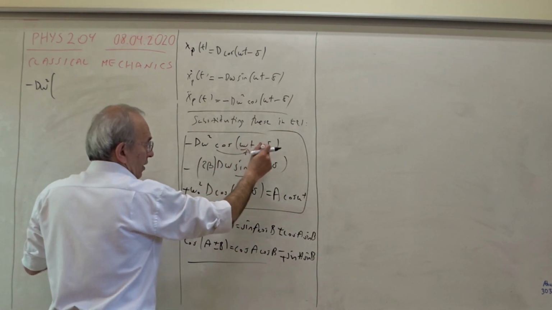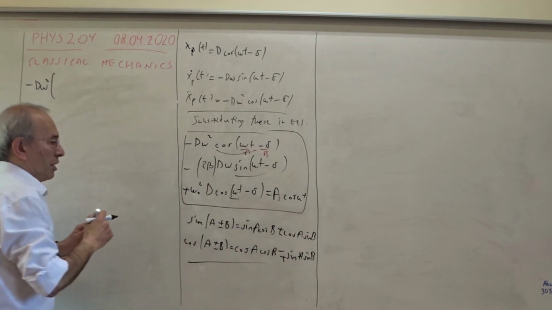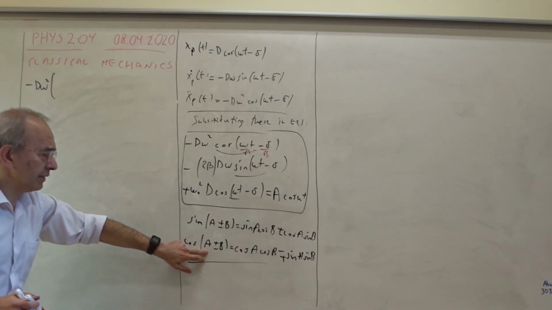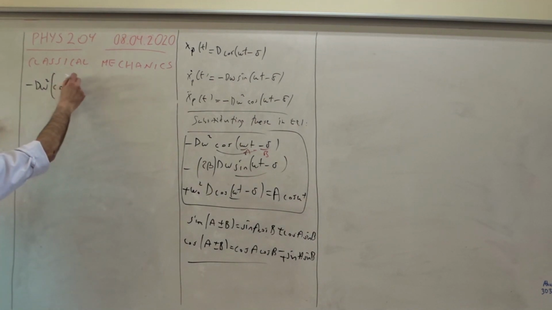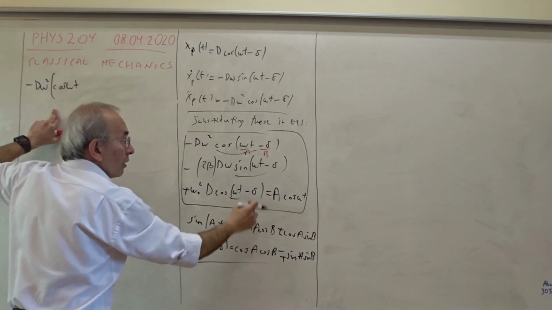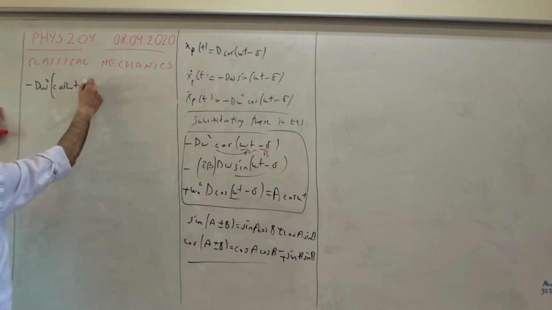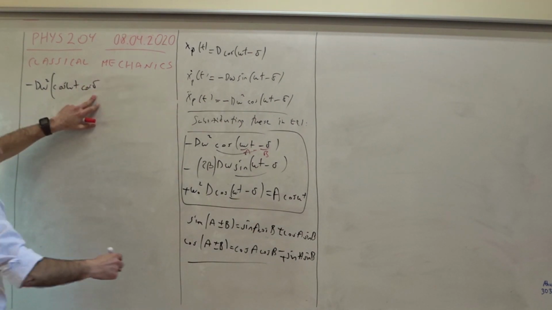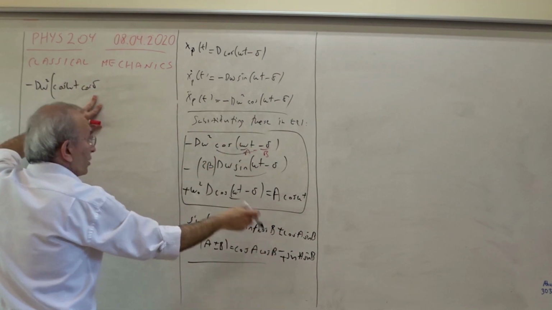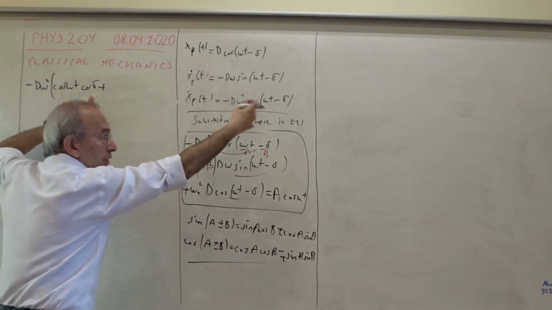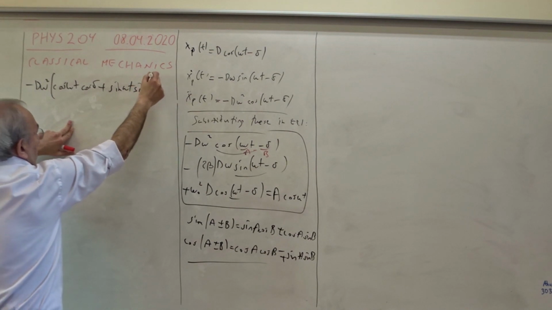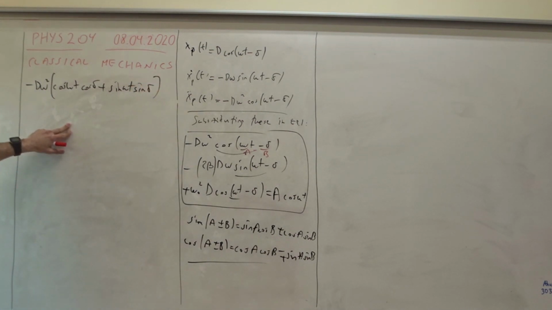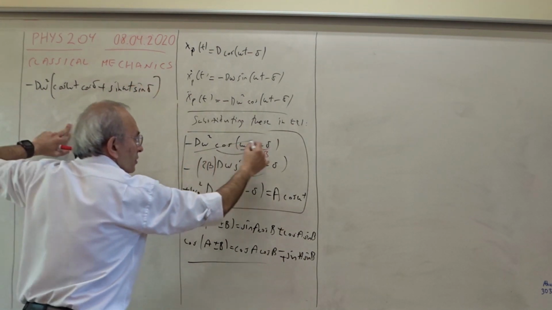So this is our A, this is our B. We have A minus B. According to this identity, we have cosine omega t, cosine of the other one, delta. We have minus, so we write plus, sine omega t, sine delta. First line. So we have written this.